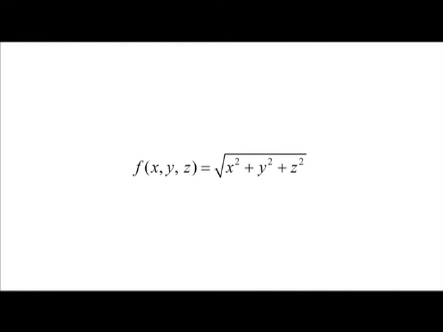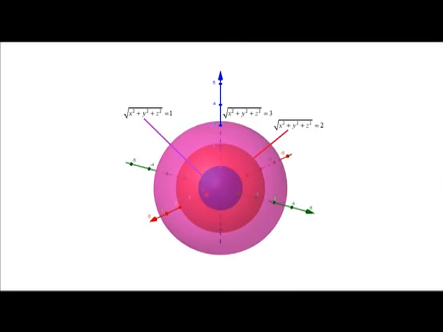Hence, the value of the function f is the distance from the origin to the point (x, y, z). Each level surface √(x² + y² + z²) = k, where k is greater than 0, is a sphere of radius k centered at the origin. Figure shows 3 of these spheres.